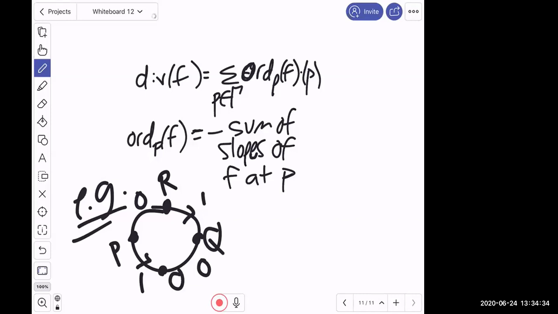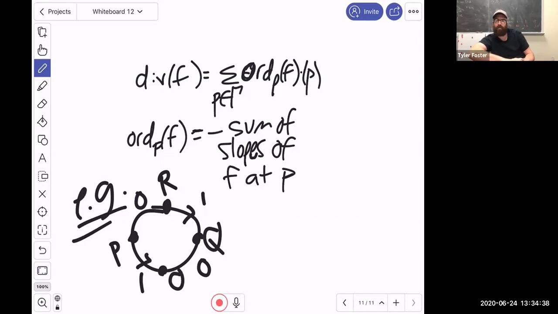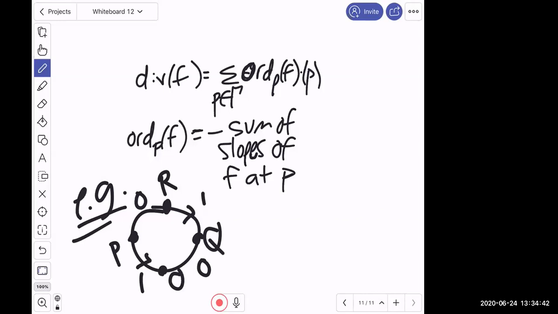Oh, is someone asking a question? There is a question. Can you remind me what slope means in this context? It's just a linear function or an affine function, and I'm taking the derivative of that function. So, for example, if the value at R was 0 and the value at Q was 1, and it was linear along that segment, the slope would be 1.